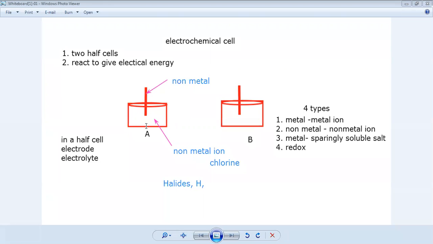HCl. Very simple. When you use HCl, there will be Cl minus ions in it. But how are you going to prepare a rod of chlorine? Can we prepare a rod of chlorine?